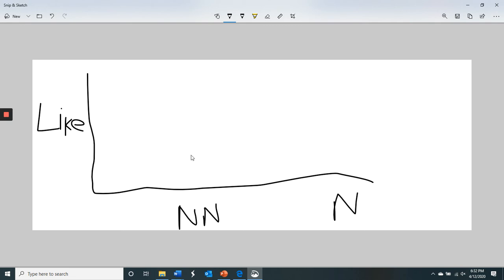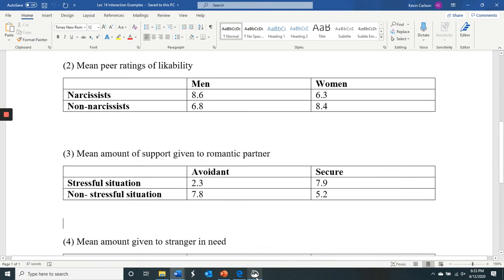So men were about 6.8, and women were about 8.4. Again, you can scale these. And then, so I want to sort of mark myself so I don't forget. This is men, this is women. Typically you would label on the right, but I'm labeling it there so I don't forget.